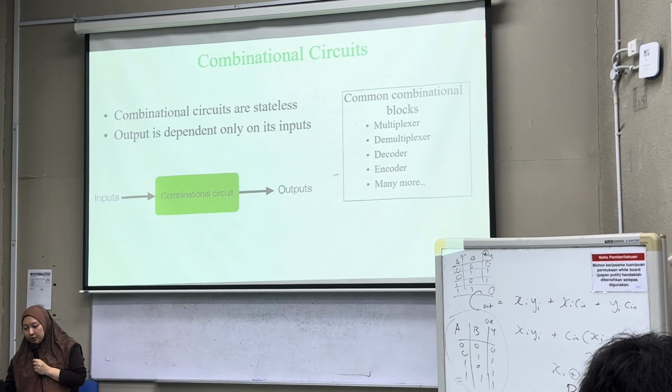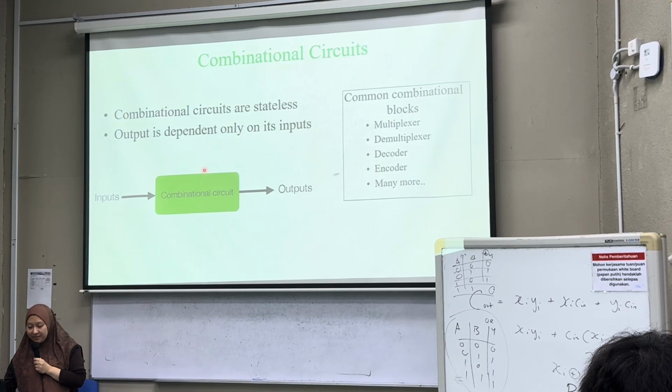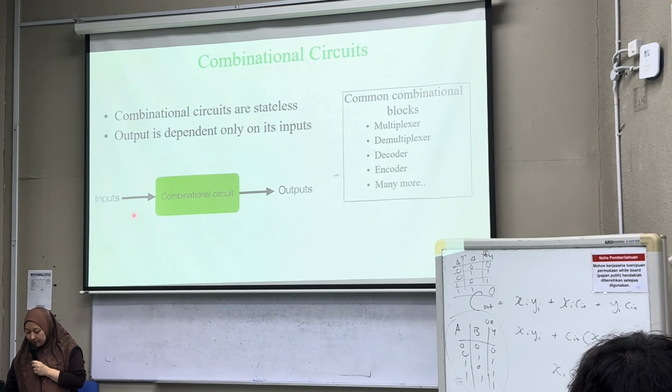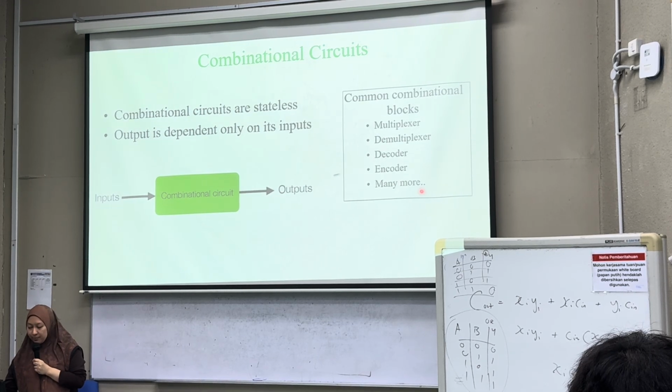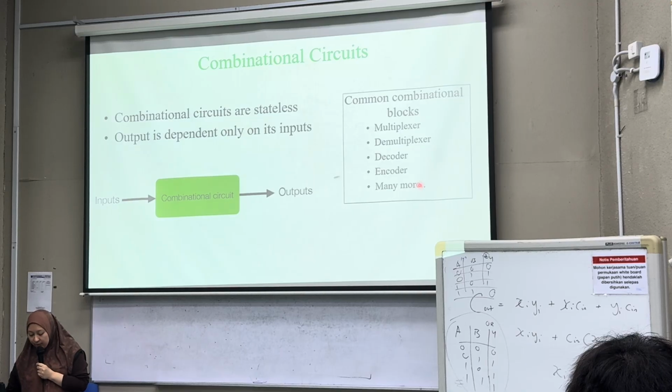Combinational circuits are stateless. It's not like the sequential. It's stateless, but it's dependent only on its input. So these are your common combinational blocks. There are some things that you learned in your first year, but it's good to refresh, and something new as well.